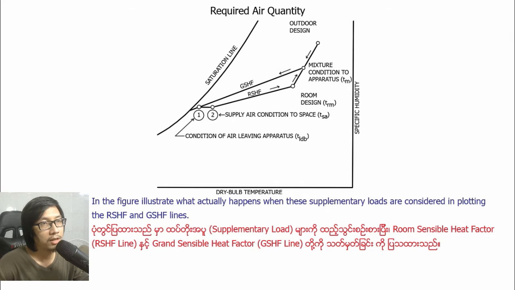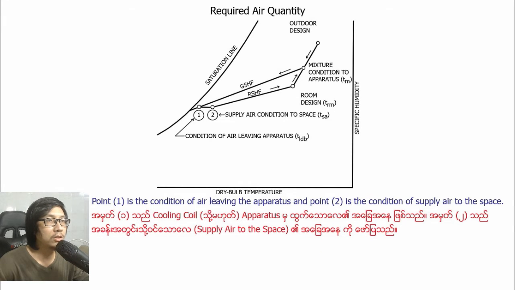The figure illustrates what actually happens when the supplementary loads are considered in plotting the room sensible heat factor RSHF and grand sensible heat factor GSHF lines. Point 1 is the condition of air leaving the apparatus and point 2 is the condition of supply air to the space.